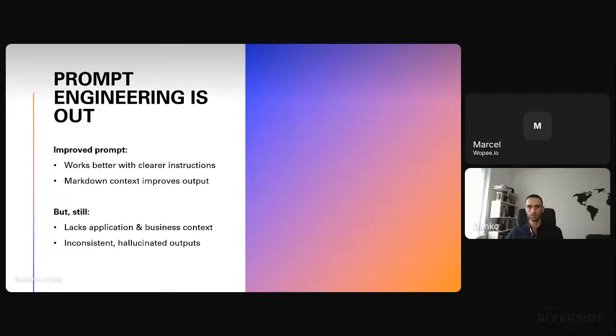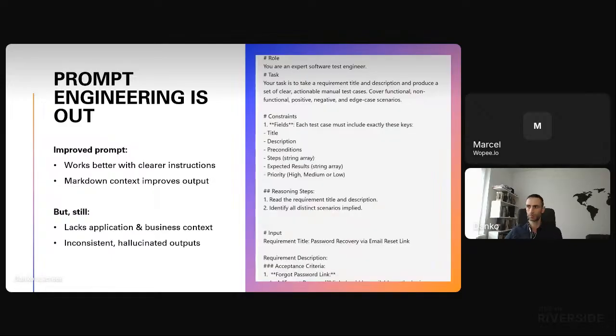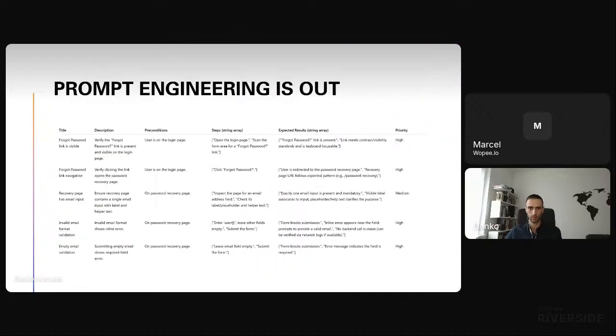And for example, with the improved prompt, where you put a bit more structure and information and also try to convert the requirements into Markdown, so it gets more context, what goes under which point, or if there is a table or something like that. It works better. Markdown significantly improves the output, but it still lacks the application and business context, and still has inconsistencies and some hallucinated outputs.